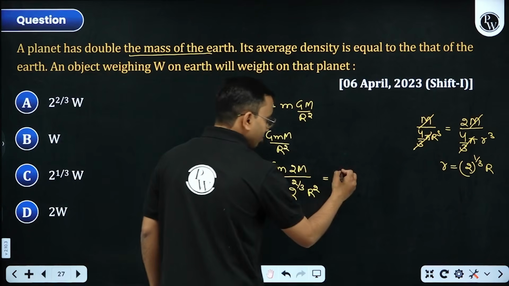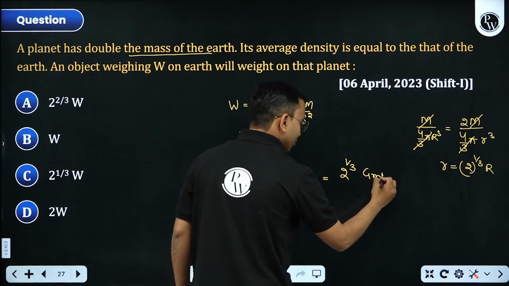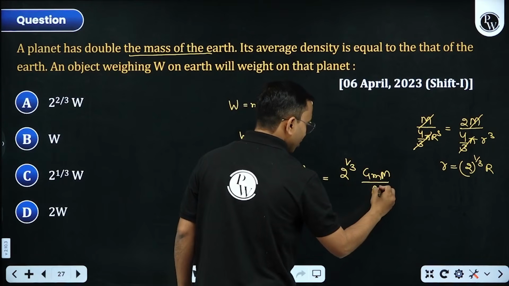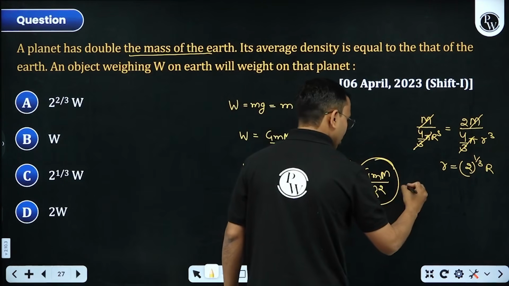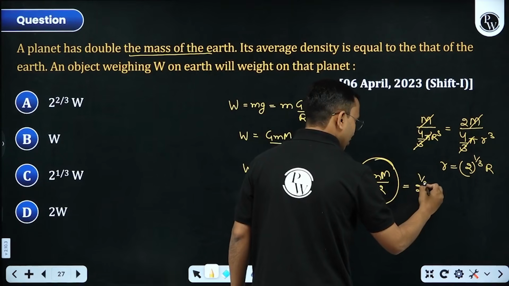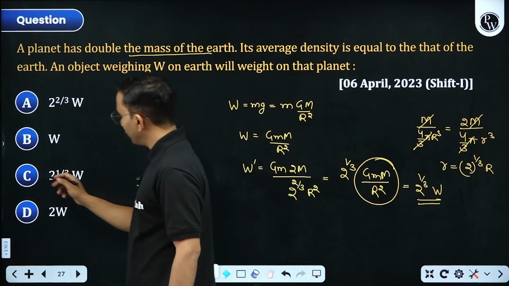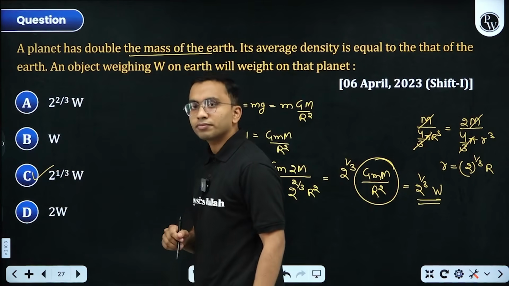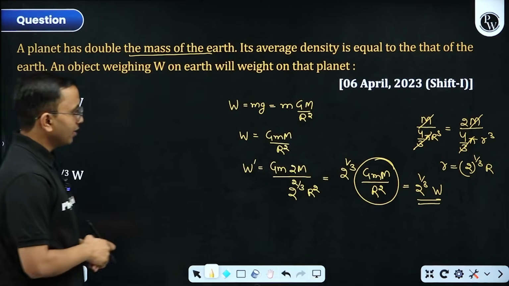So 2 to the power 1 by 3 into G small m into capital M divided by r square. And how much is this? This is my W. So this is 2 to the power 1 by 3 W. C option. Is this point clear to you?